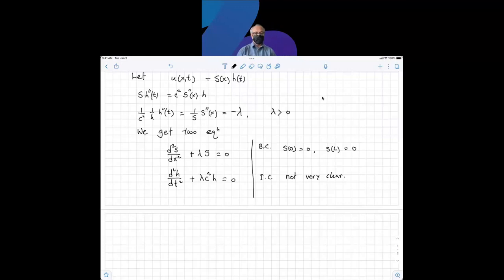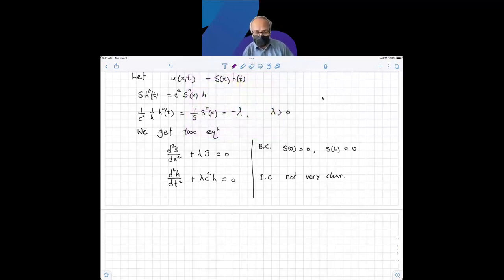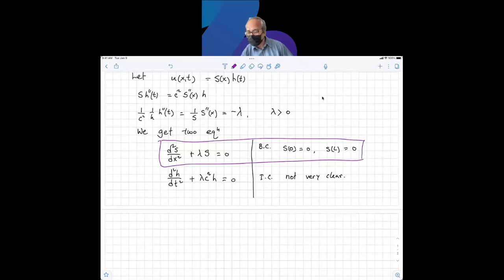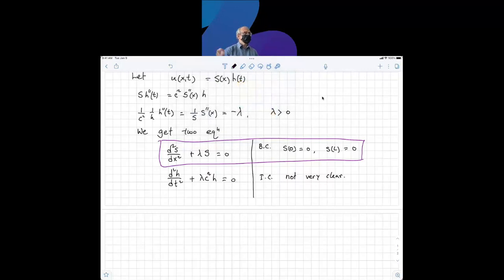You don't know it. But now, the good point is if you look at this part. From the heat equation, we already know that the solutions will be such.